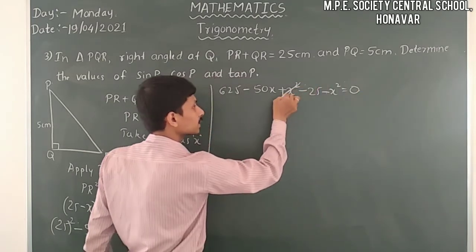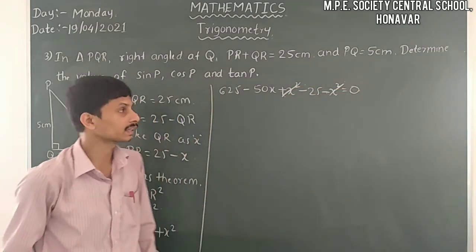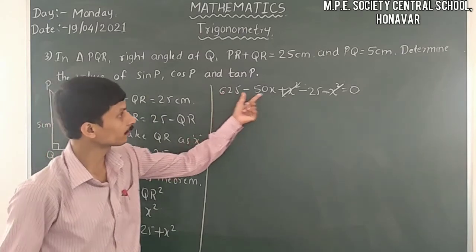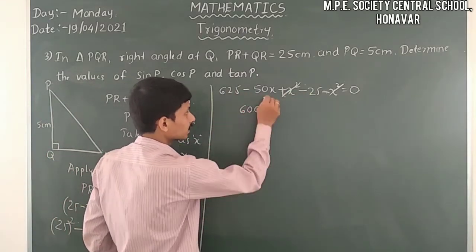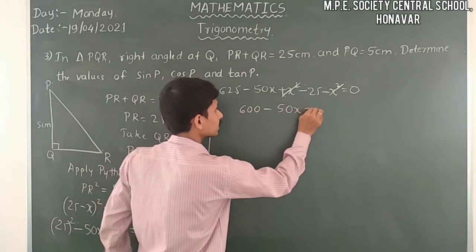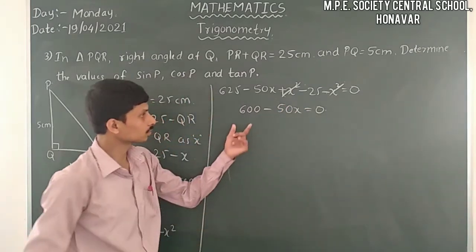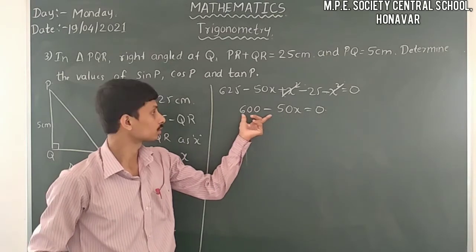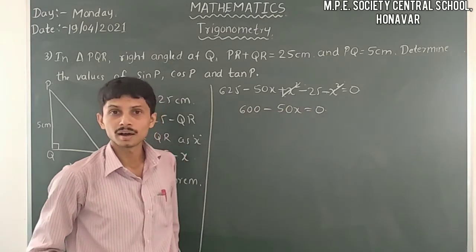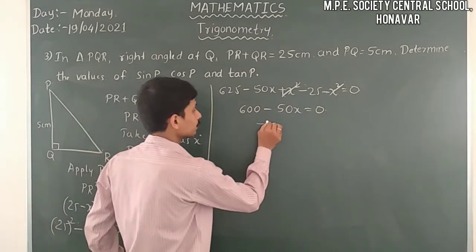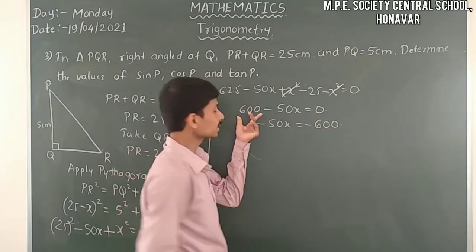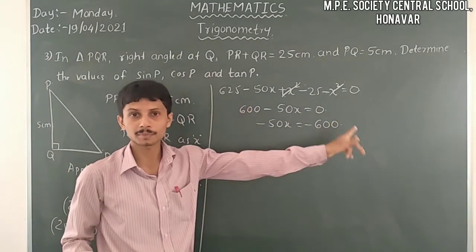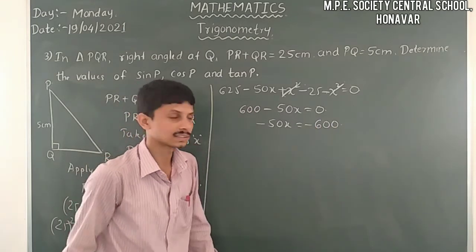Plus x square and minus x square cancel, and 625 minus 25 is 600, so 600 minus 50x is equal to 0. Then I transpose this 600 to the RHS side, that is minus 50x is equal to minus 600, since the plus 600 in the LHS converts into minus 600 after transposing.